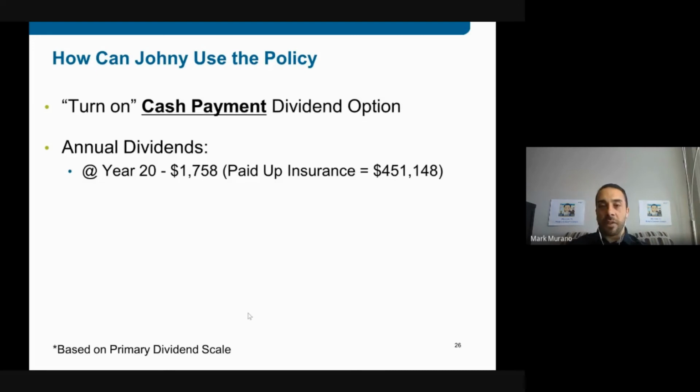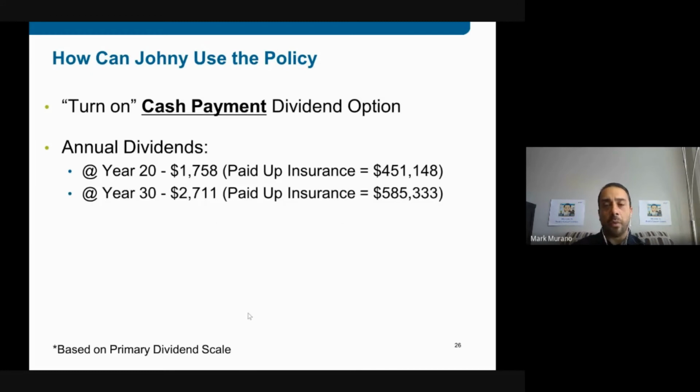At year 20, for example, if the client decided I have enough life insurance at $451,000, they could turn on their annual dividend payout to take out $1,758 a year, and it will continue to grow marginally for cash for life. If we wanted to look at year 30 as an example, and they have enough life insurance at $585,000, we have now an annual dividend of $2,711, which can be paid out in cash.